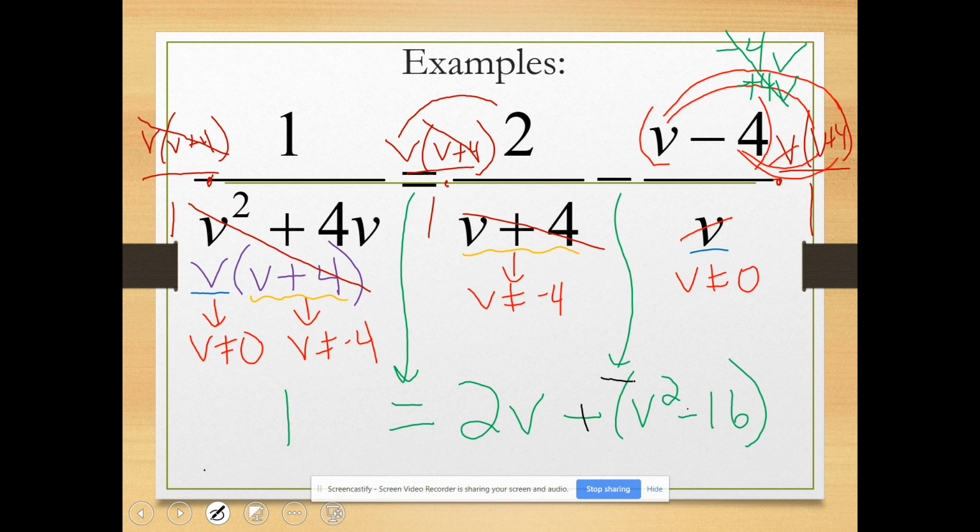I'm going to distribute my subtraction and rewrite the right side into standard form. So I want that negative v squared first, then we have a positive 2v and a positive 16.